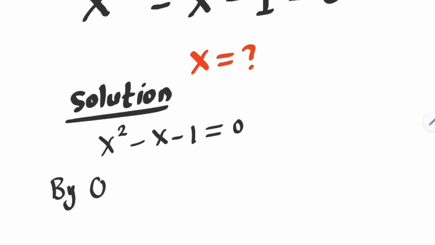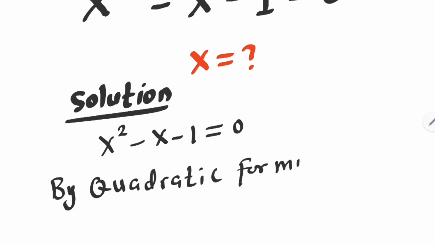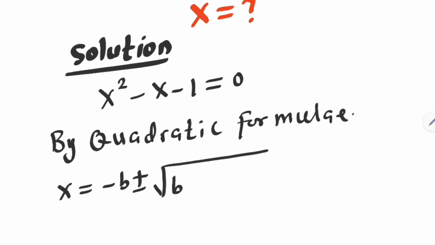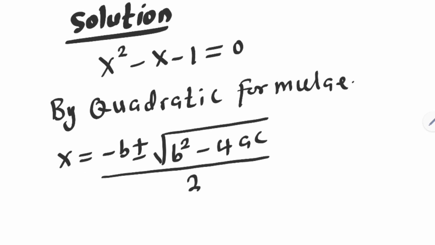By quadratic formula, s is equal to minus b plus or minus square root of b squared minus 4ac, divided by 2a.